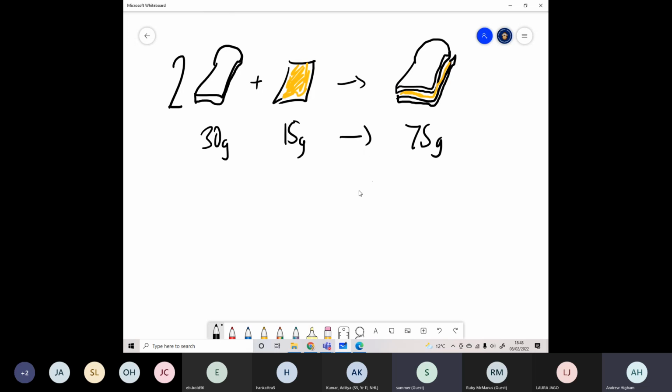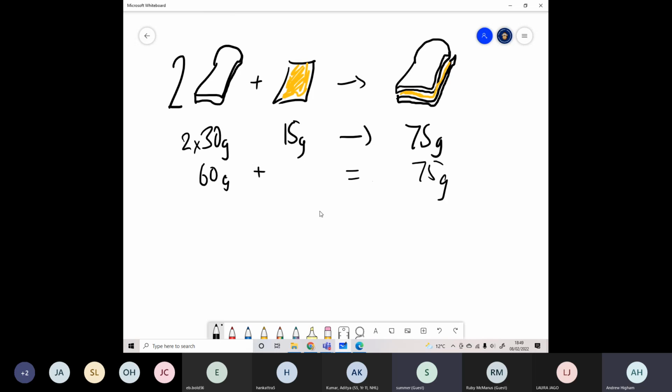Now, we know that the conservation of mass tells us that we've got to have the same number of atoms on each side of the arrow, i.e. we end up with the same mass. So why have we got 75 and only 45? Well, we need 2 lots of that, don't we? So 2 times 30 would be 60, plus the 15 would then equal the 75.